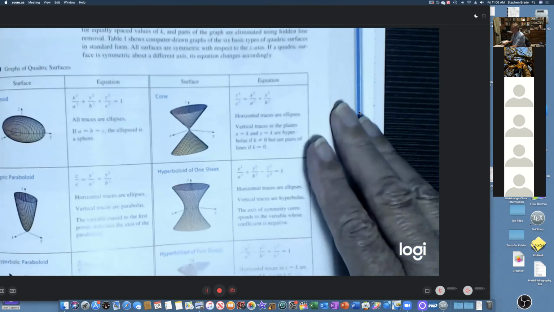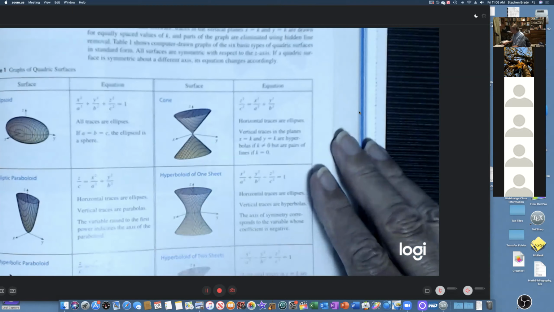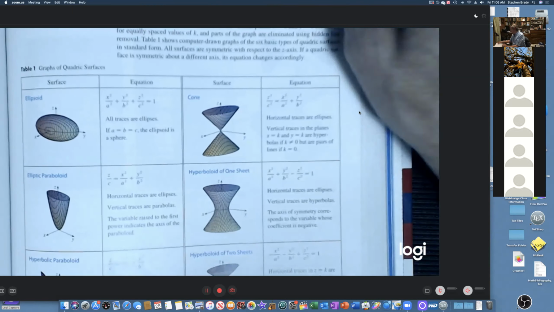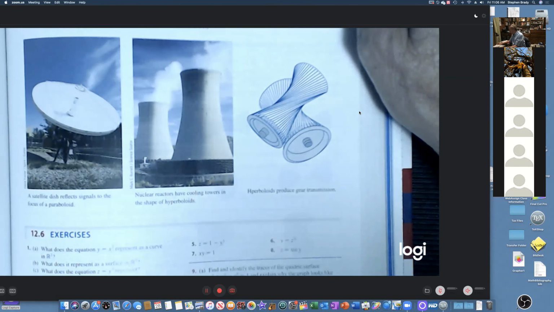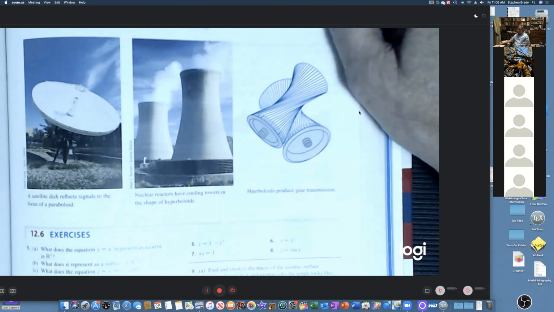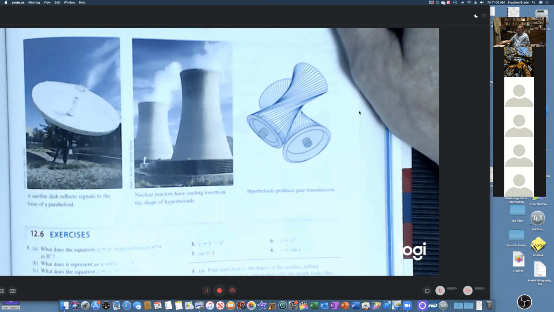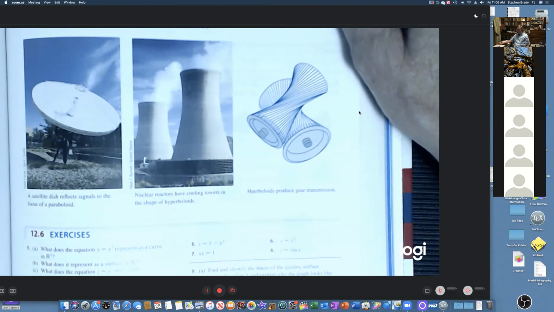And these other pictures are nice pictures, and they give you examples of equations. And the next page gives you nice pictures and so on. Now, what we're going to do in our class is refer to these occasionally. I am not going to test you over which equation gives you an ellipsoid, or which equation gives you a hyperbolic paraboloid, or those kinds of things.